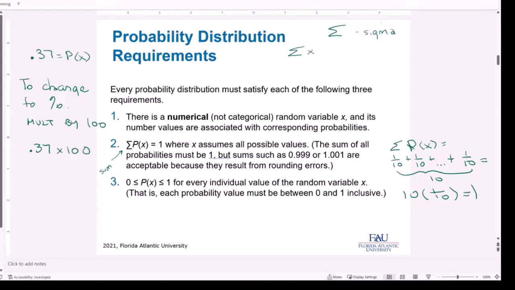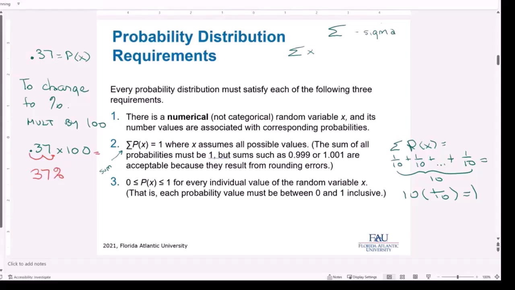It's the same as moving my decimal place 2 places to the right. Multiply 0.37 times 10, and you get 3.7. By another 10, which is 10 times 10, you get 37. So 0.37 as my probability is the same as 37%.